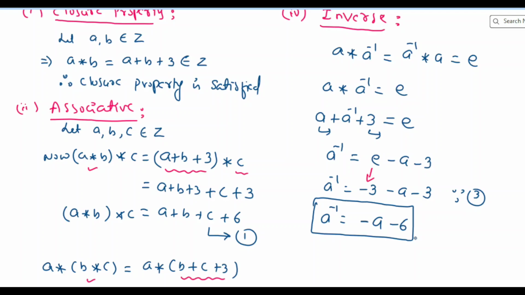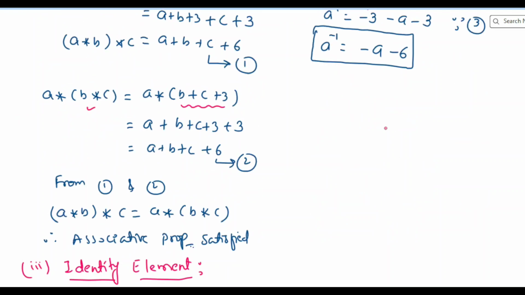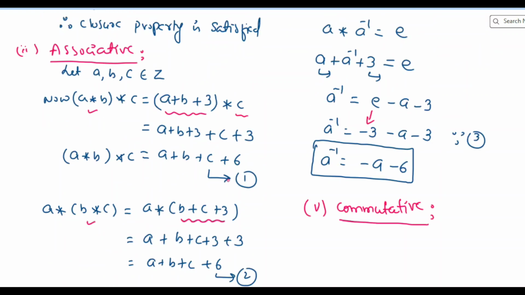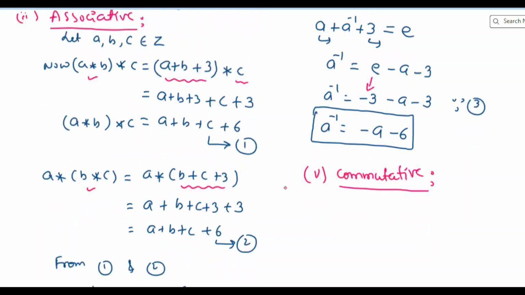Minus a minus 6. One last property, that is commutative property. So already we know if the 4 properties are satisfied, then we say it is a group, a simple group. If the 5th property is also satisfied, then we say it is an abelian group.